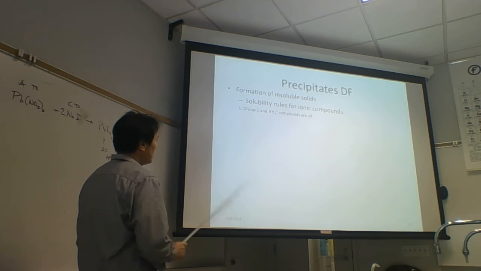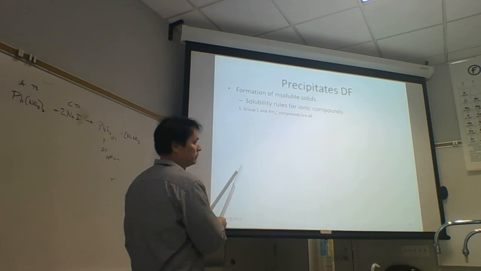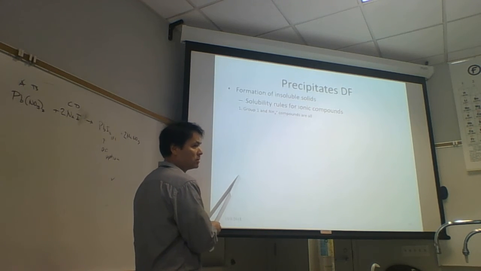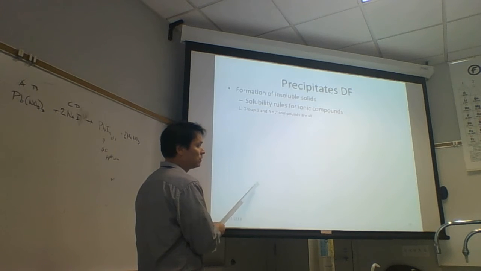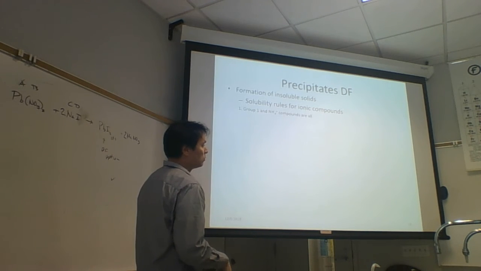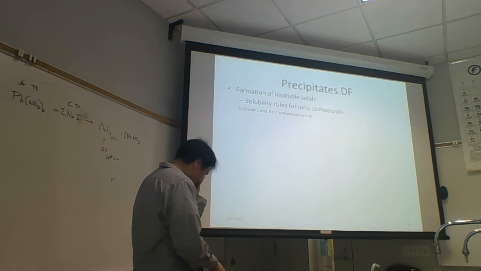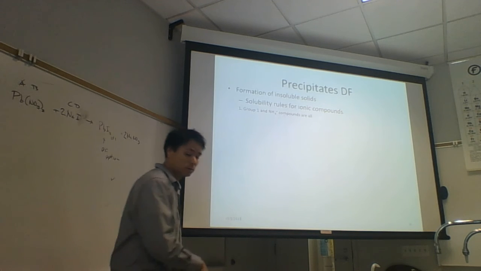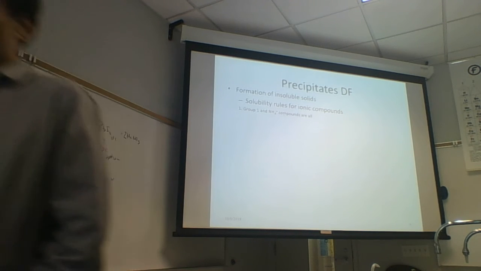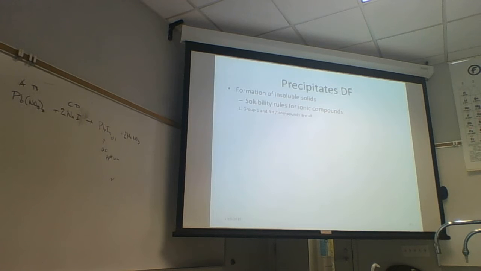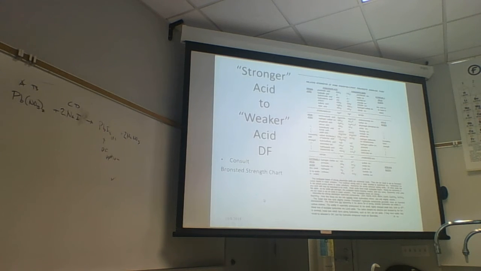And then if it's not a hydroxide, we look at sulfides. Sulfides are all insoluble except for group 1, ammonium, and group 2. And then if it's not a sulfide, we look at carbonates, phosphates, and chromates, which are all insoluble except for group 1 and ammonium. And so that takes care of the solubility rules.